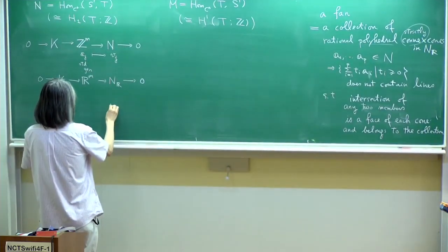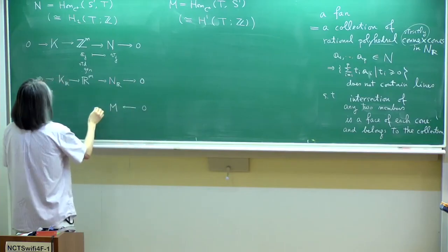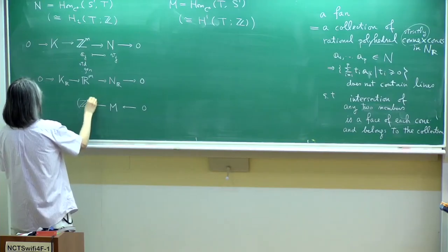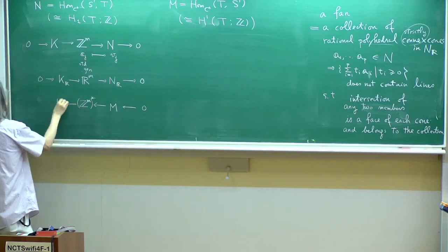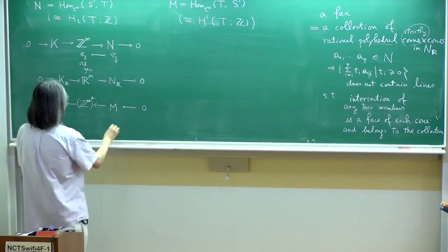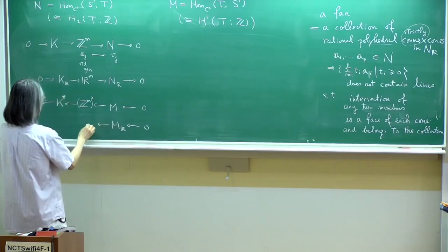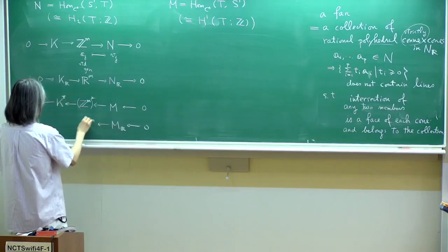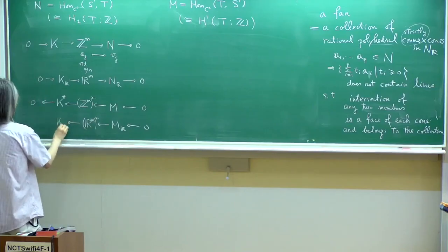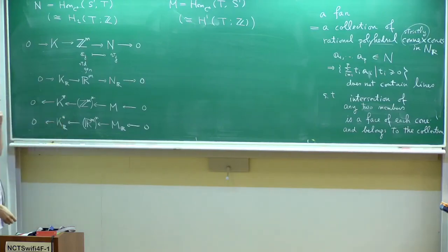And then I take a dual of this, then here you have M, and here is G^m dual, and here you have K dual, like this, and here you have this M_R, and here you have R^m dual going to K dual, like this. Okay.